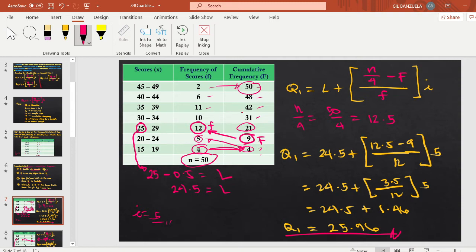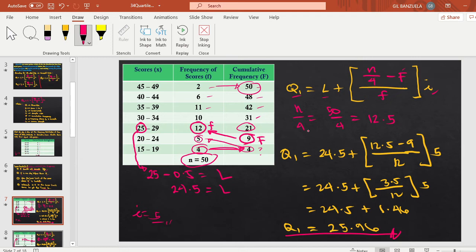Alright, and since we're looking for quartile 1, our formula is equal to the true lower limit plus the quantity of the sample size over 4 minus the cumulative frequency, divided by the frequency of the score where the lower limit is located, and of course we multiply them all by the class interval, which is equal to 5.